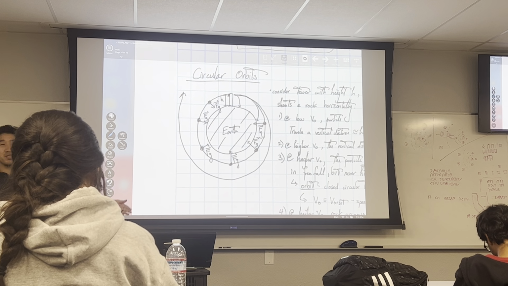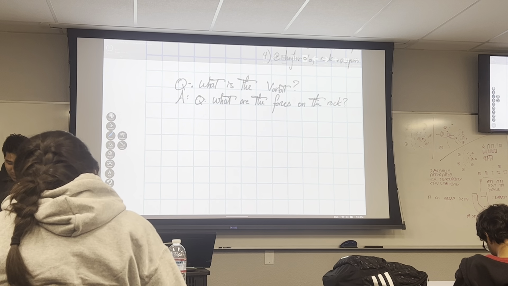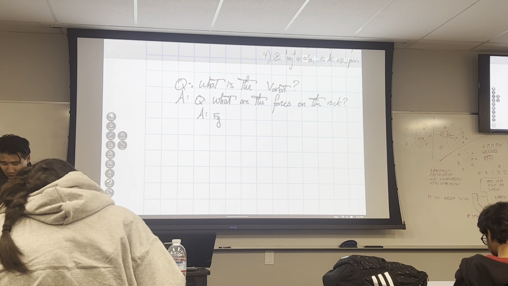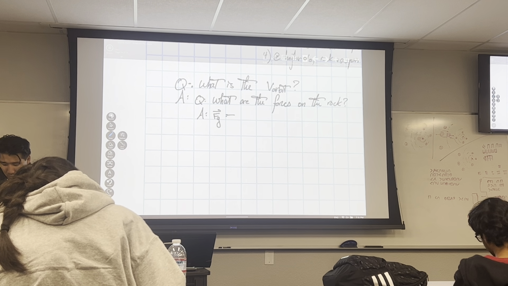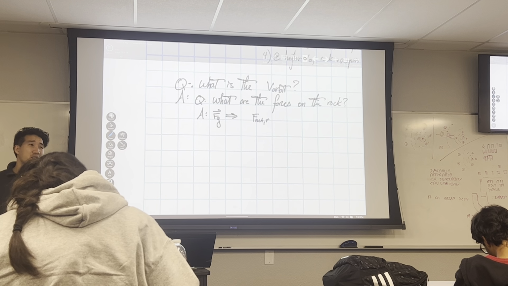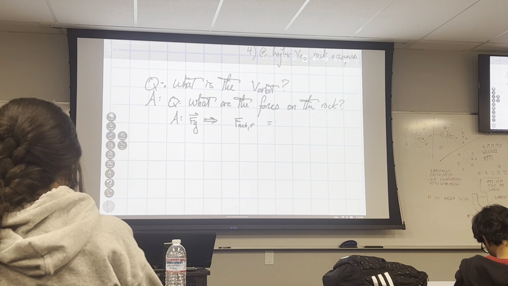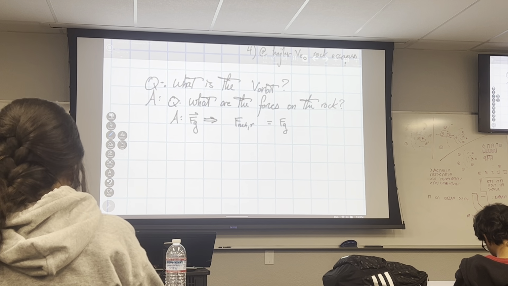Just consider a single scenario. You've taken care of all of them because all of them are pointing in the R direction. And the answer is force of gravity. And this is in the R direction, so all we need to do is consider the net force in the R direction, which is the force of gravity.